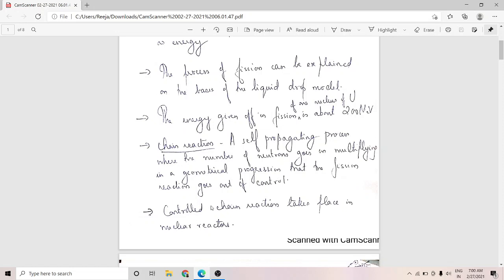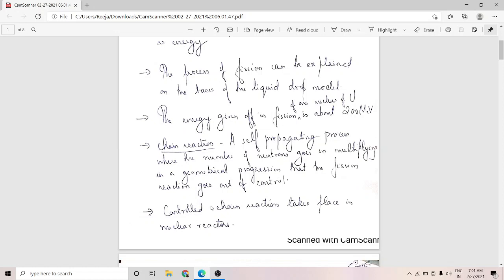That means it oscillates. Now, the restoring force here is the surface tension forces. But if the excitation energy is such that the surface tension forces are overcome, then the liquid drop oscillates and it finally separates or breaks down into two smaller liquid drops.